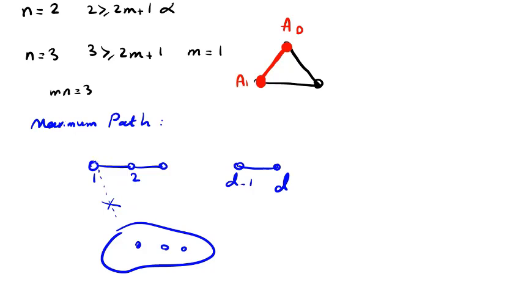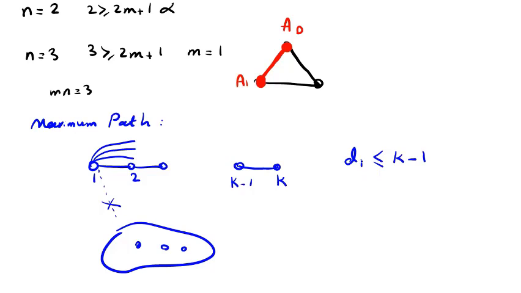So vertex 1 can only be connected to vertices on this path. So the degree of vertex 1 is at most k minus 1, since it can be connected only to 2 to k.